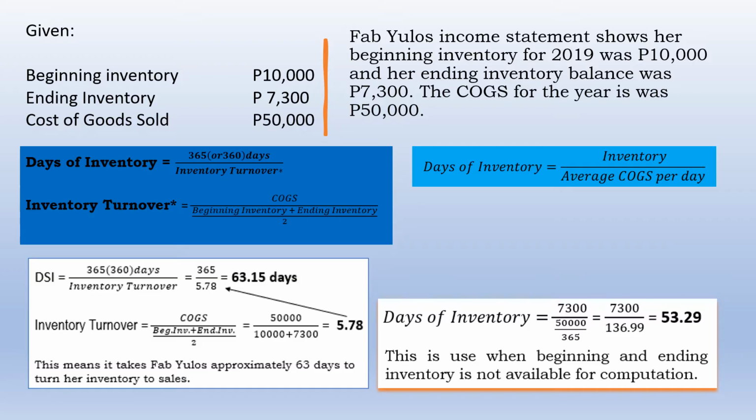So that will be 7,300 over 136.99, which is equal to 53.29. In this formula, it takes Fabulous approximately 53 days to turn her inventory to sales. The last formula that we use is used when beginning and ending inventory is not available for computation.